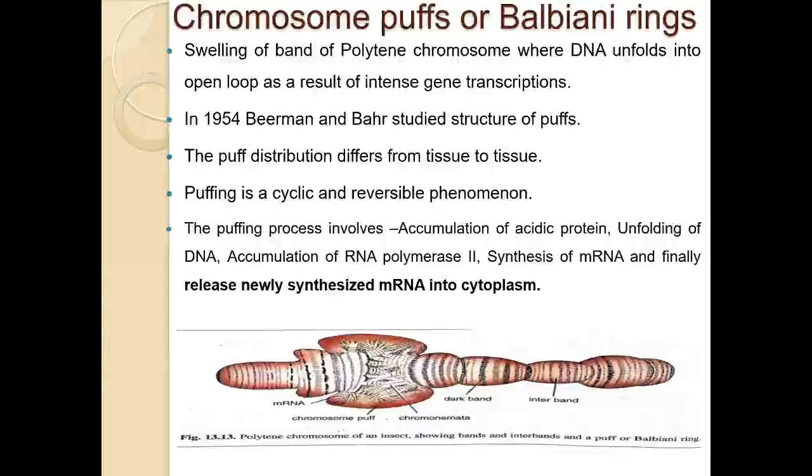The puffing process involves the accumulation of acidic protein, unfolding of the DNA for transcription, accumulation of RNA polymerase, which is also required for transcription, and the synthesis of mRNA, and finally the synthesized mRNA is released into the cytoplasm. Thank you.